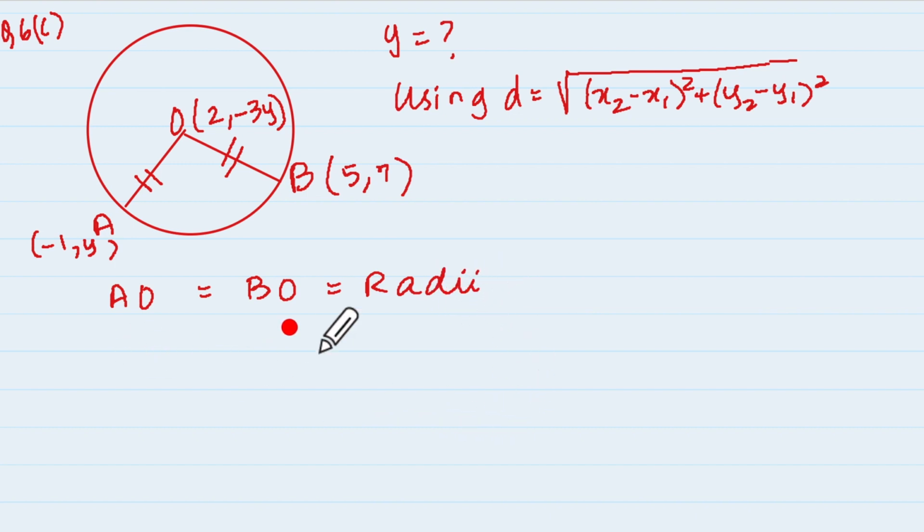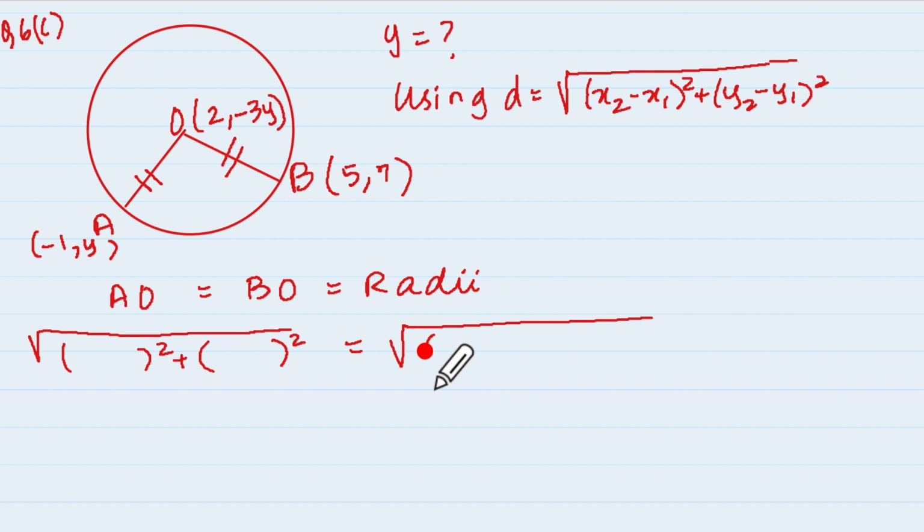Alright, now if AO and BO are radii, then by the distance formula, for AO I'll write this, and for BO I will write this. I am just going to have y2 minus y1, so y minus this, and x2 minus x1, so minus 1 minus 2.